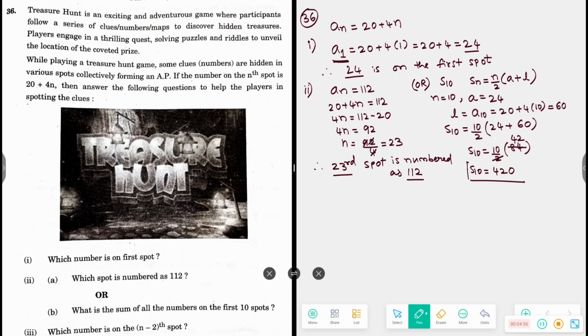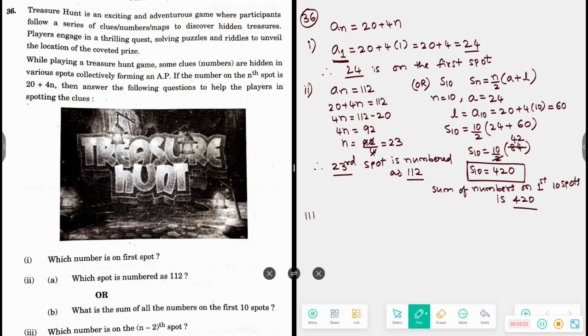So the sum of numbers on the first 10 spots is 420.